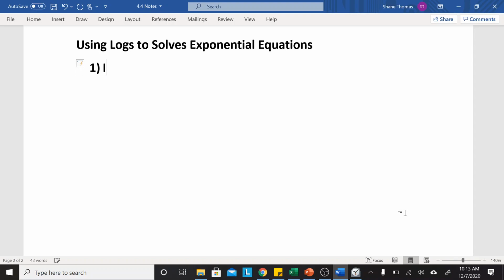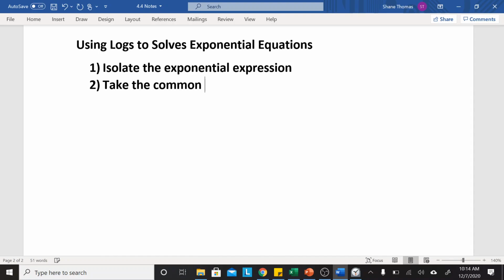First one, you want to isolate the exponential expression. Two, you want to take the common log of both sides.